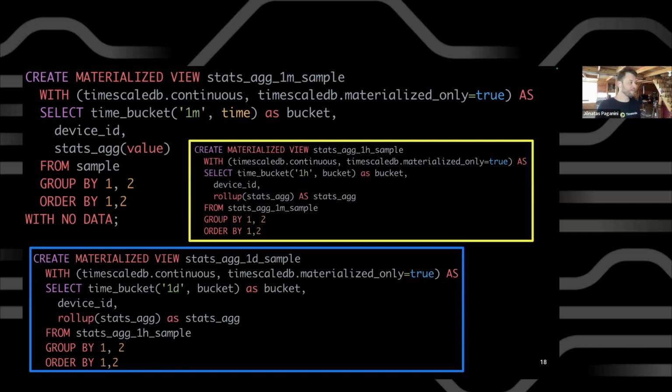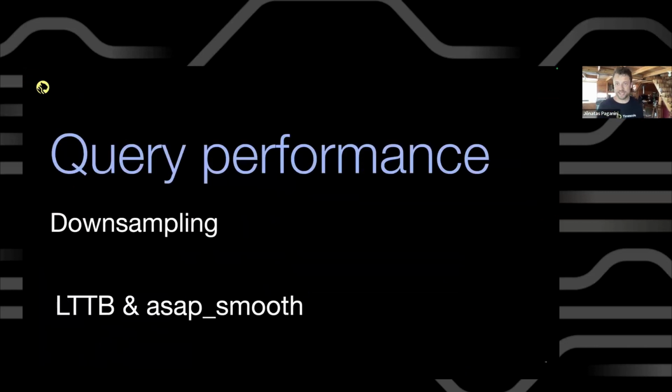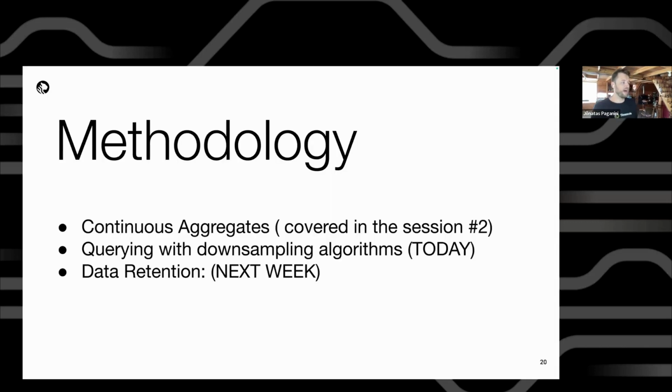But today we are going to talk about other downsampling techniques, and especially LTTB and ASAP smooth. So these are two types of, let's say, heuristics to solve this problem that do not need to touch your data.